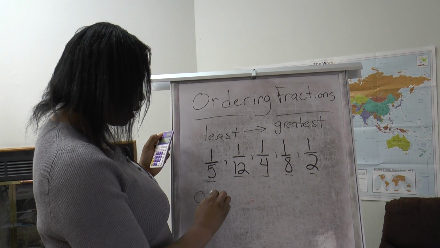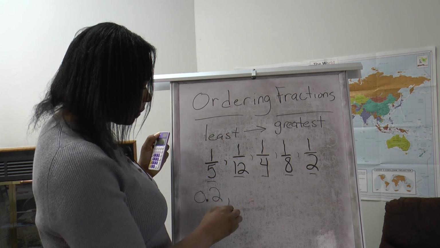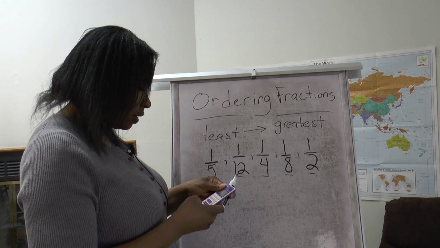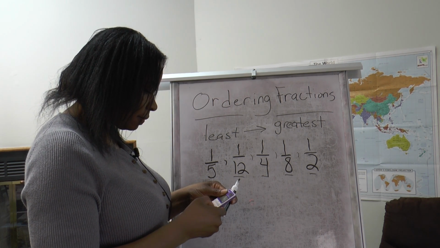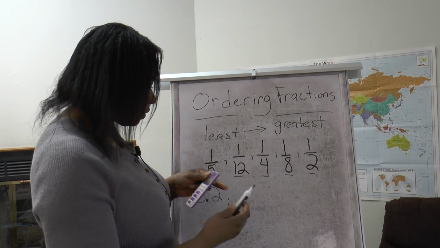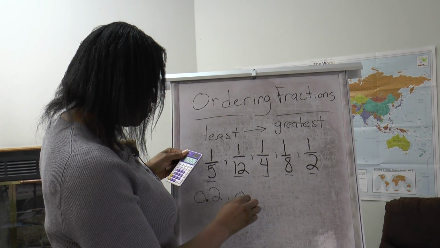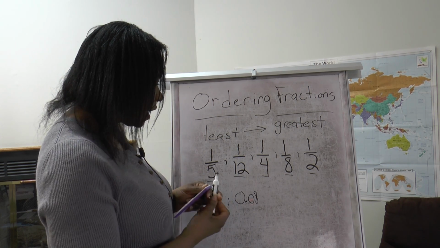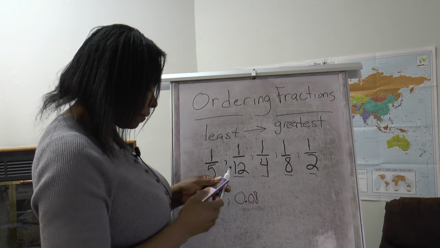Well, let's put the 0 there, 0.2, right? Now let's do 1/12, and you can get your calculators out and work with me. Now we got this one. All right, that's my 1/12.